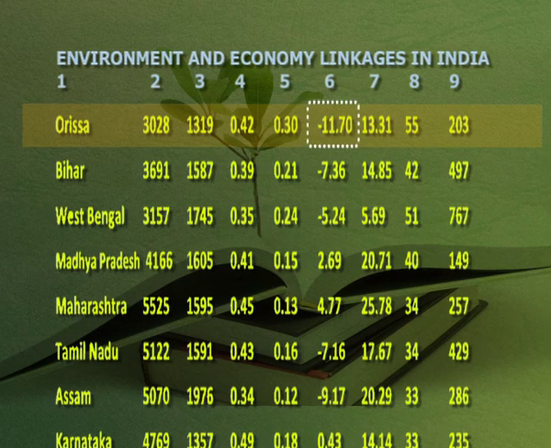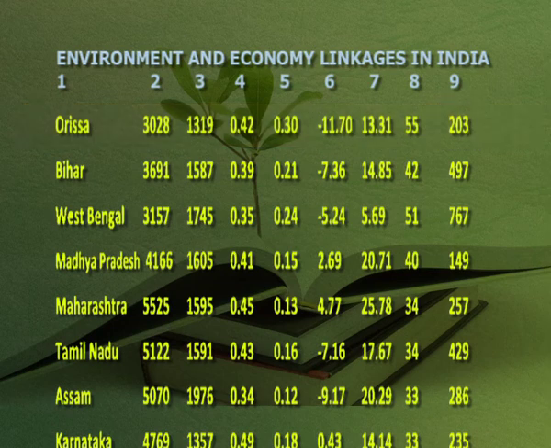Deforestation between 1987 and 1997 is minus 11.70%. Total wasteland as percentage of area in 1988-1990 is 13.31. Head count ratio as percentage of NCAER 1994 is 55 and population density 1991 is 203.